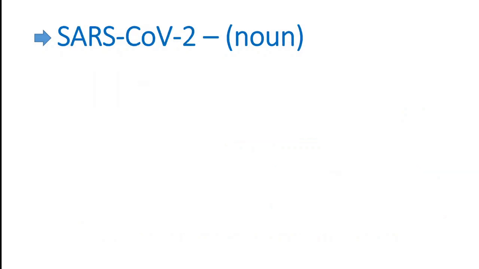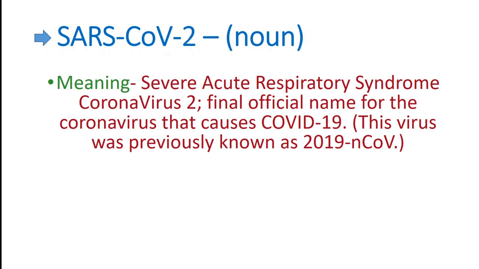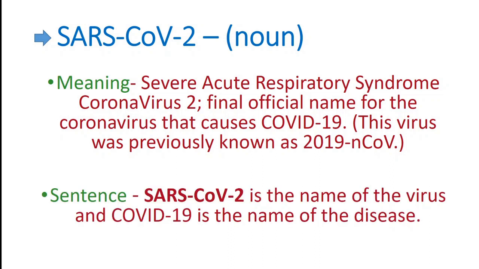SARS-CoV-2. Noun. Meaning severe acute respiratory syndrome coronavirus 2, final official name for the coronavirus that causes COVID-19. This virus was previously known as 2019 nCoV. Sentence. SARS-CoV-2 is the name of the virus and COVID-19 is the name of the disease.